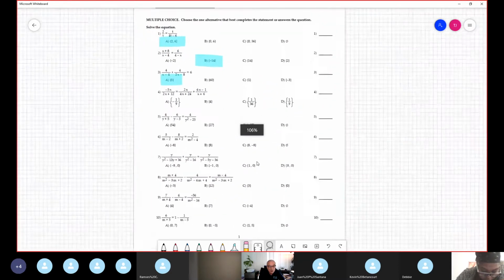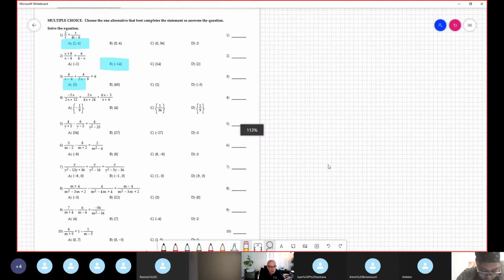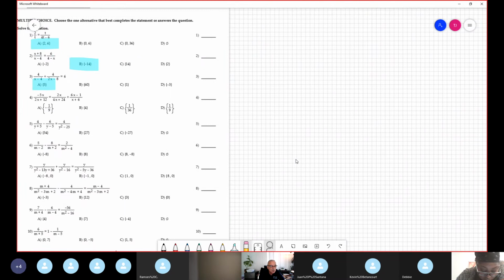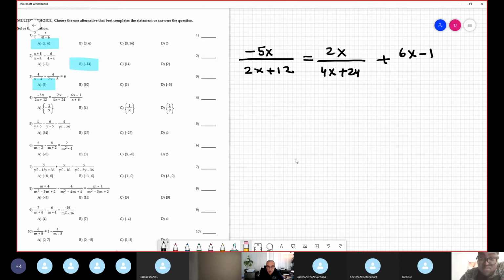Okay, let's move on to problem number 4. It is, I suppose, a little more interesting because we have 3 expressions: negative 5x divided by 2x plus 12 equals 2x divided by 4x plus 24 plus 6x minus 1 over x plus 6.